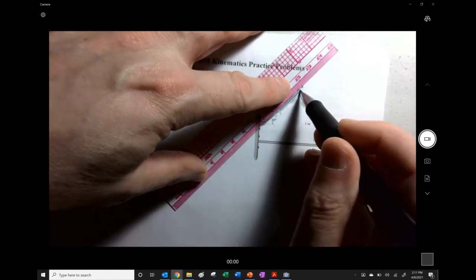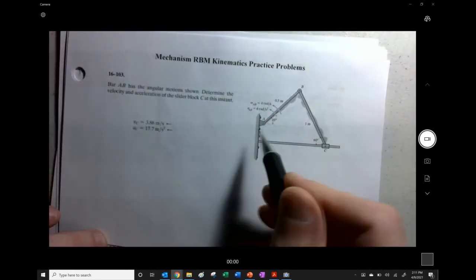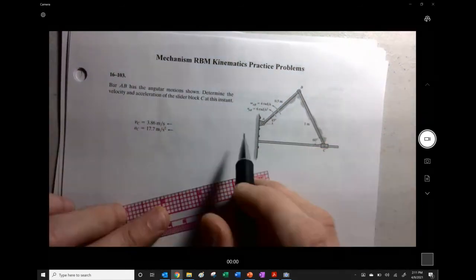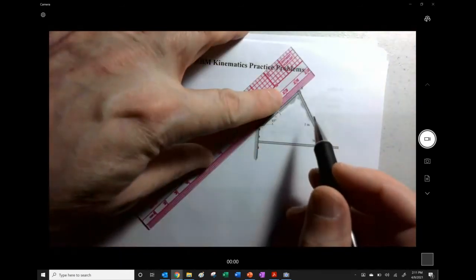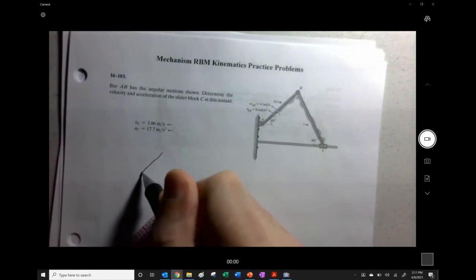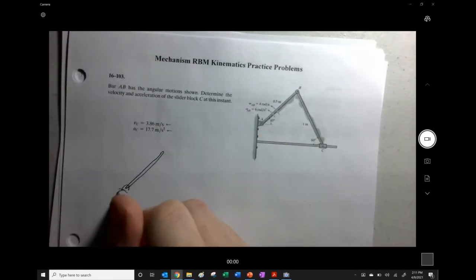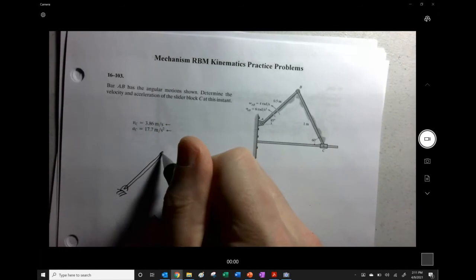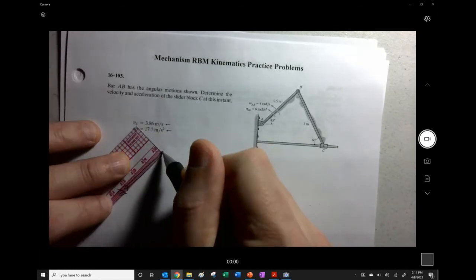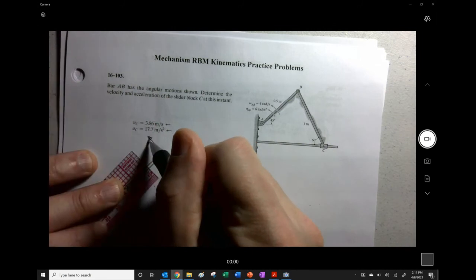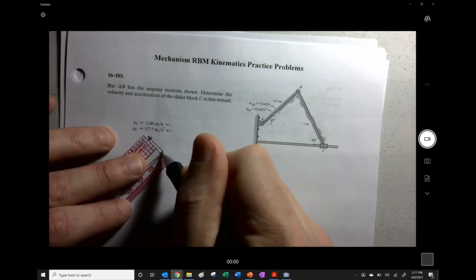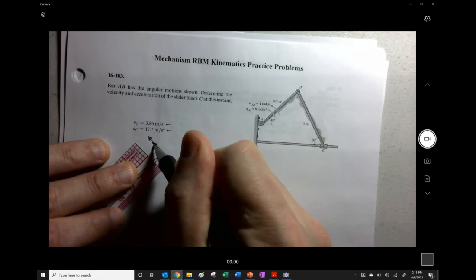Okay, so let's start out with the ICR. I'll draw this piece. Well, no, I can find this first. And its velocity is going to be perpendicular, and also its acceleration is going to be perpendicular too, right here. So let's try that out.